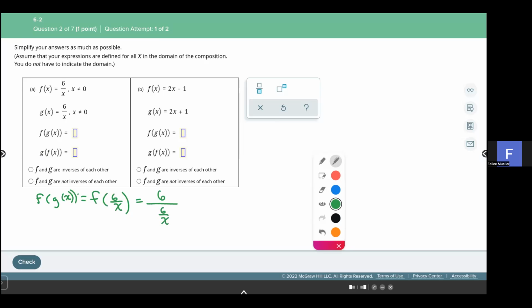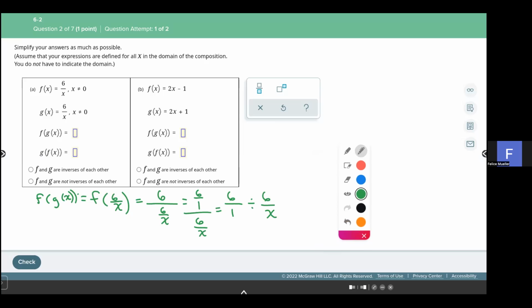And so one thing I can say, well, this is really also saying 6 over 1 over 6 over x, which I can write like this, which then tells me to keep the first one, flip the second, and you would get x when you multiply because my 6's would cancel each other out.